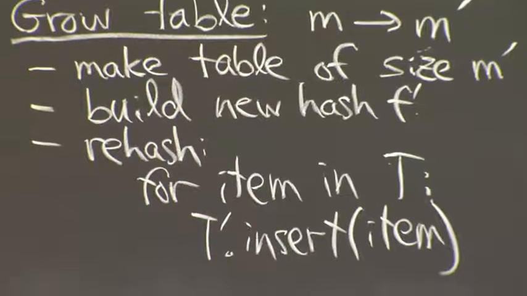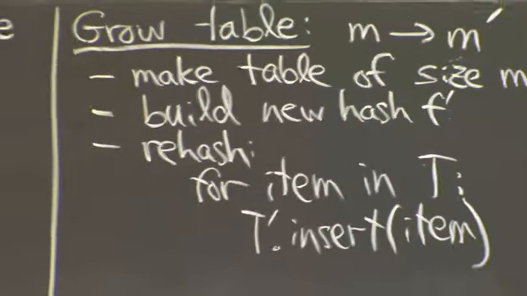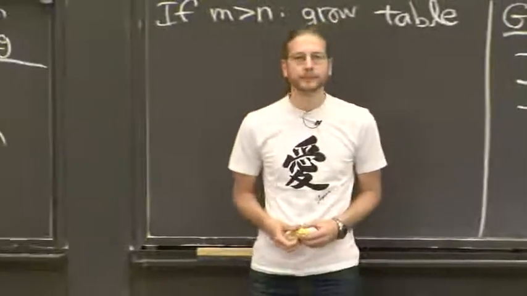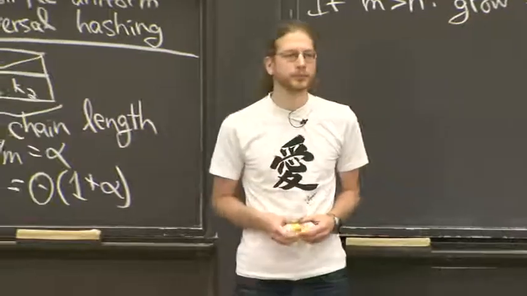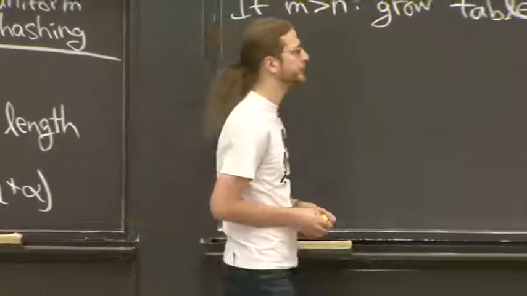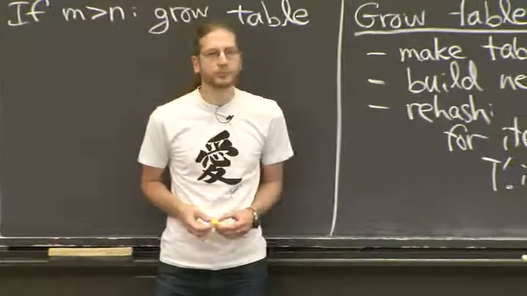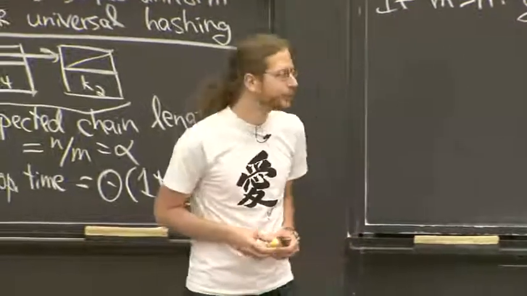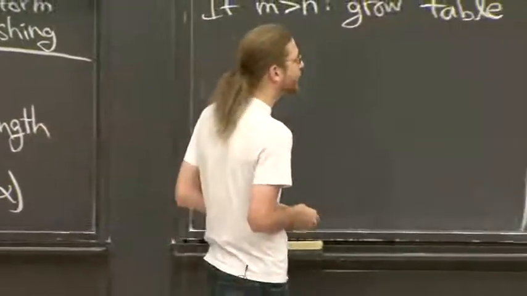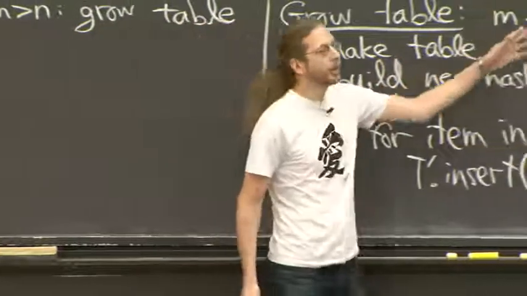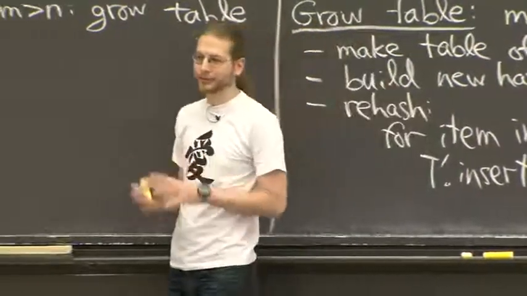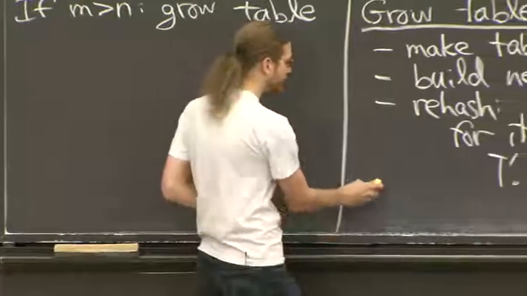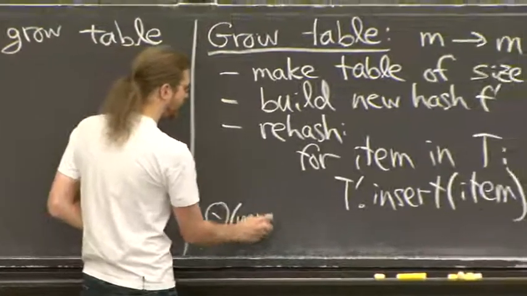OK, so how much time does this take? That's the main point of this exercise. Order n. I think as long as m and m prime are theta n, this is order n. In general, it's going to be n plus m prime.